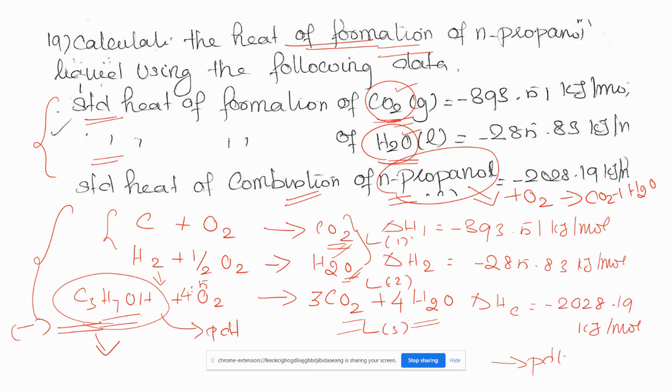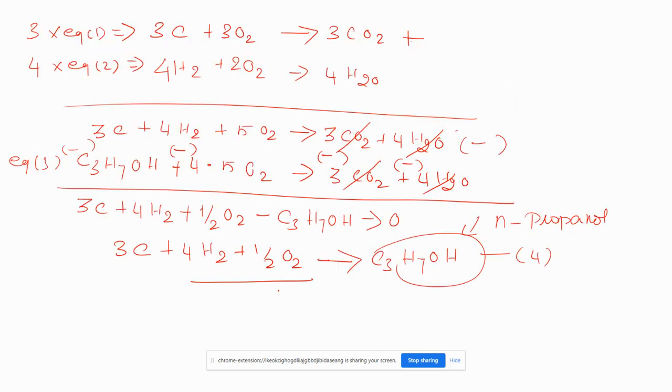And the next thing is, whatever the products of this combustion reaction, you should try to cancel it. Okay, you should try to eliminate it. So here you are having 3CO2, 4H2O. So from these two equations, you should try to get 3CO2 plus 4H2O. So if you subtract from this, you will get the final answer. Same way we have done. 3 into equation 1 gives 3C plus 3O2 gives 3CO2.